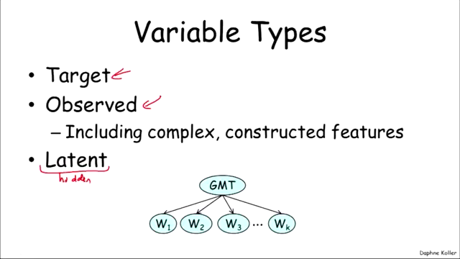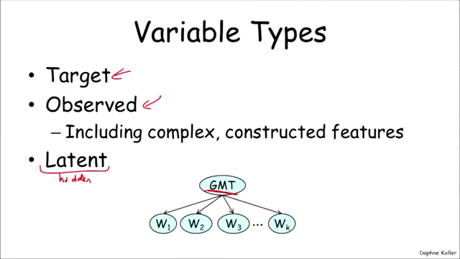Really, what they're all correlated with is Greenwich Mean Time. So you have a model, in this case a naive Bayes model, where Greenwich Mean Time influences a bunch of random variables that are conditionally independent given that. Now, Greenwich Mean Time is latent unless we actually end up calling Greenwich to find out what the current time is right now in Greenwich, which I don't think any of us really care about.